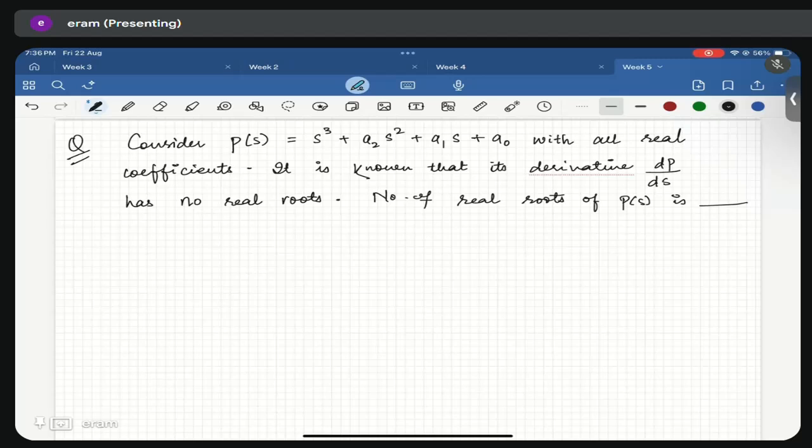If there is a single zero, then yes. But if all the entries of that row are 0, you have to form the auxiliary equation using the row just above it.